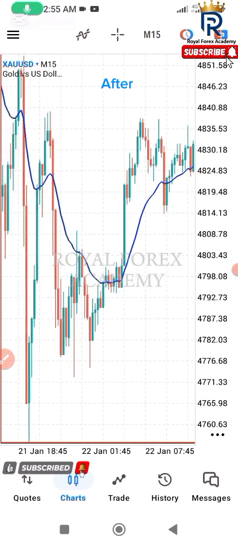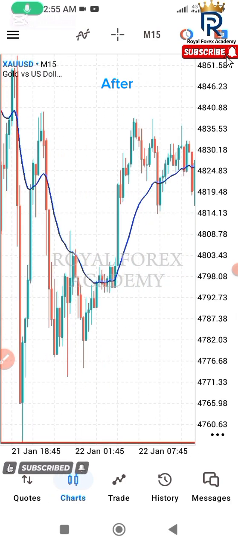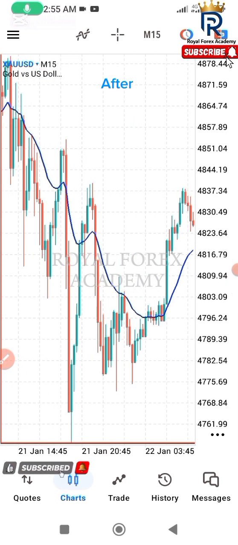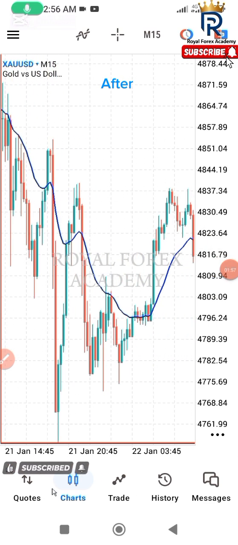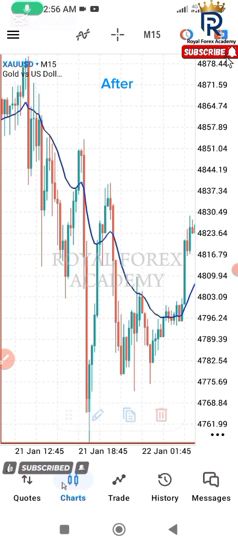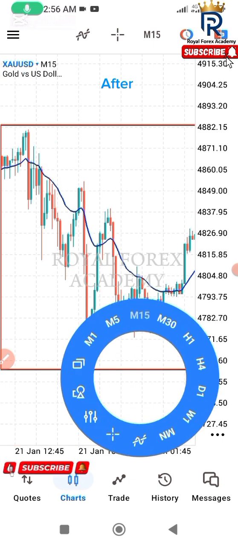Beautifully well. So as you can see on a 15-minute time frame, here is what happened afterward. So the procedure is very much simple, and all you need to do is to connect your trend line, and you can have your beautiful entry as far as the 15-minute time frame is concerned, right?